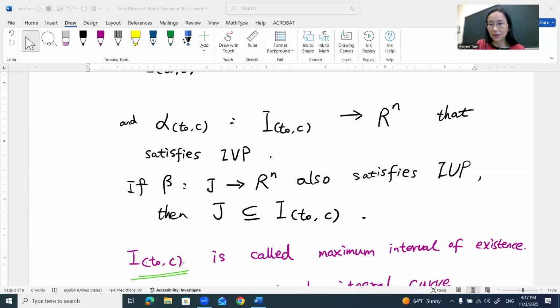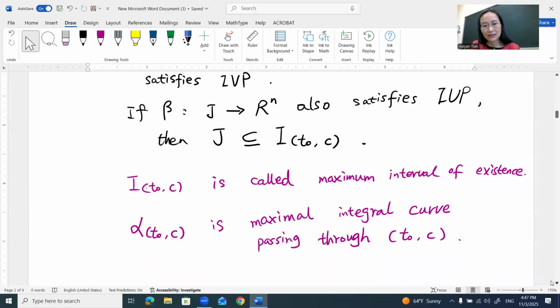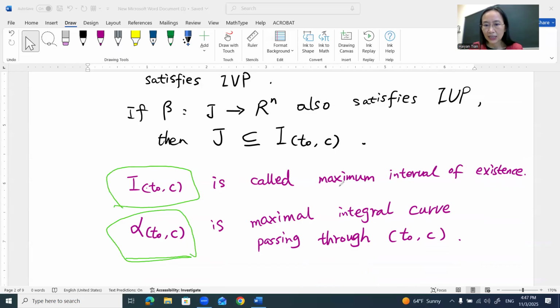That means this interval of existence cannot be larger than this one. So that's why it is called the maximum interval of existence, for such an integral curve. We call it the maximum interval of existence.